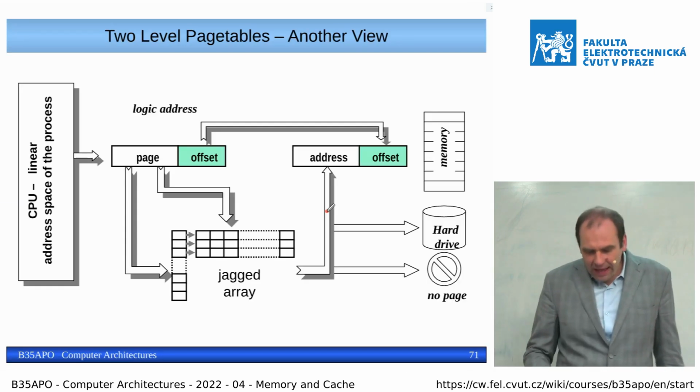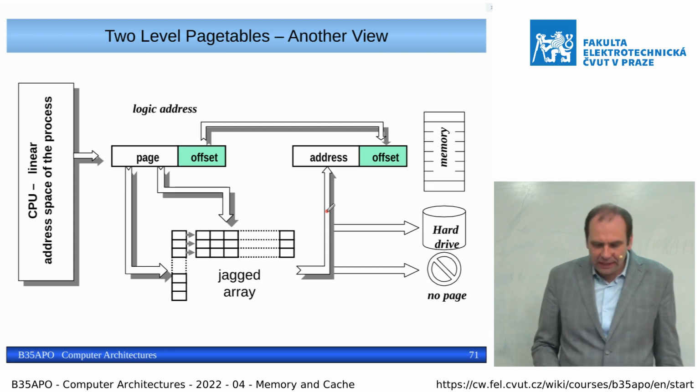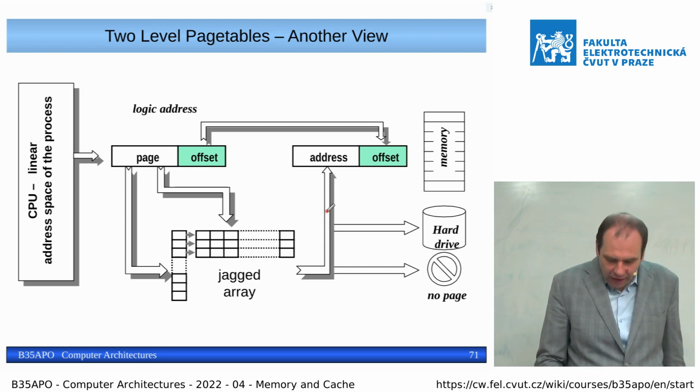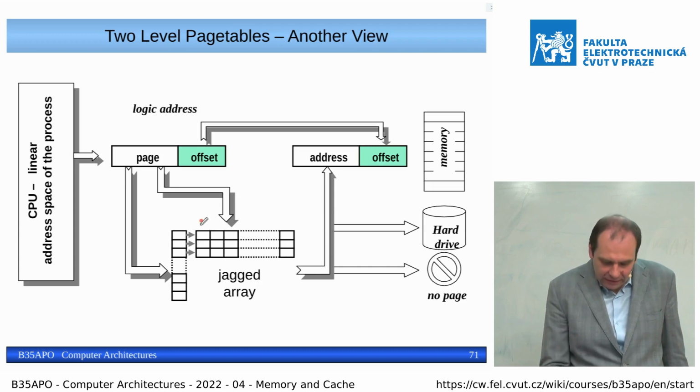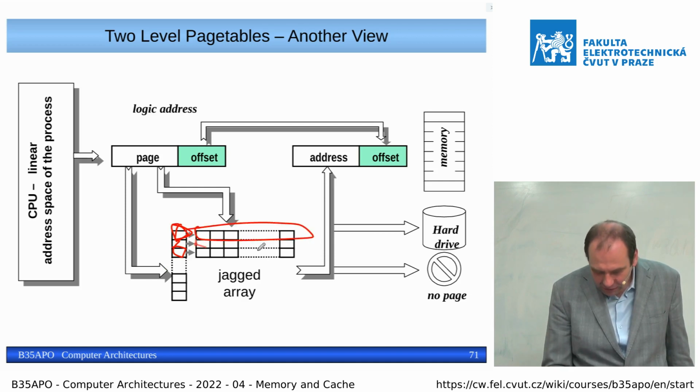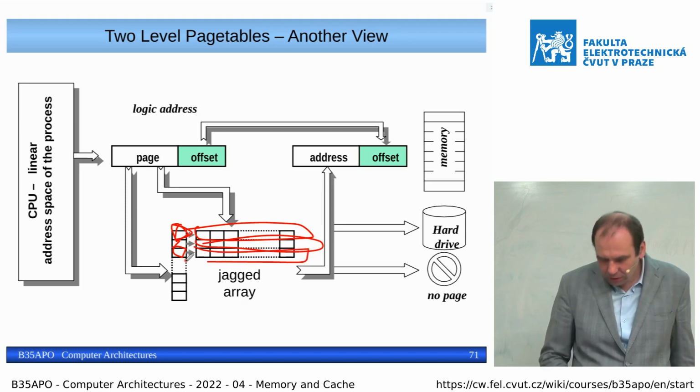Okay, and a problem is that if we want to translate the address space, it is in fact a two-dimensional array. So basically we have this page directory, and it selects again the page table for each of these blocks.